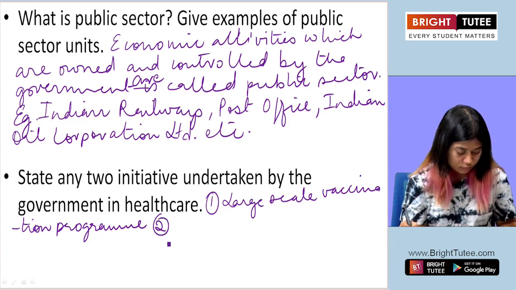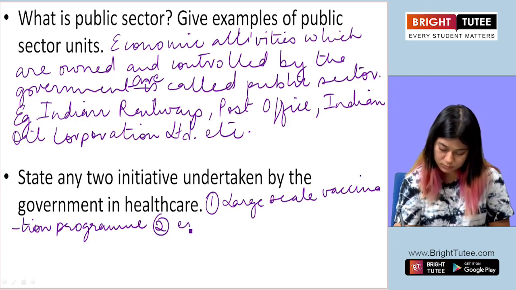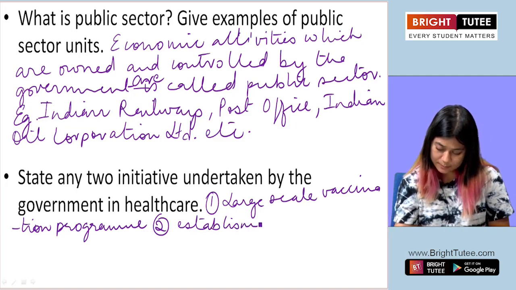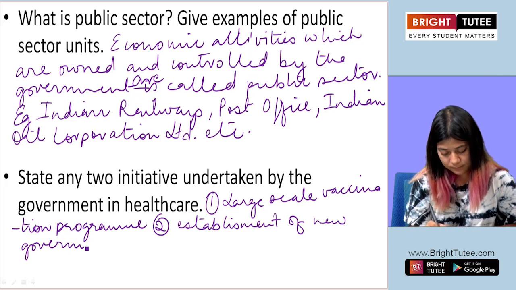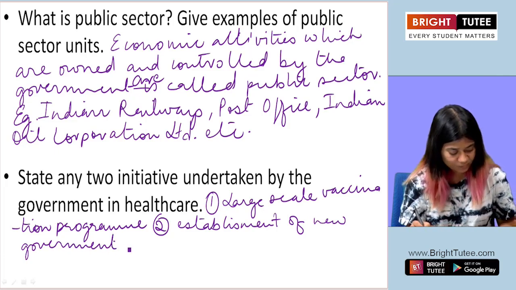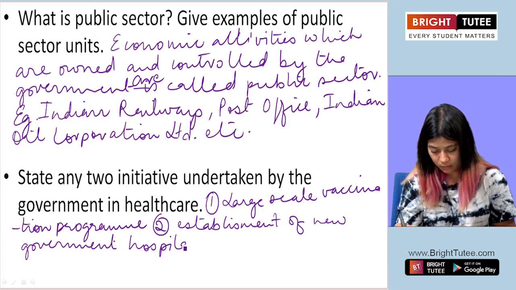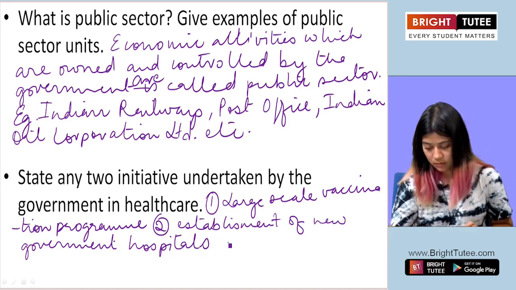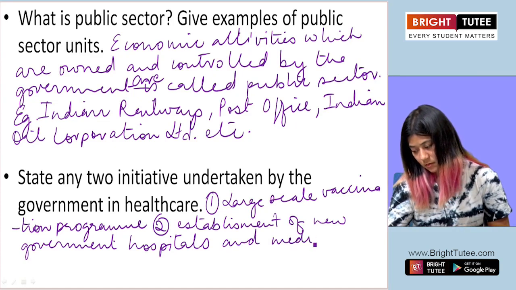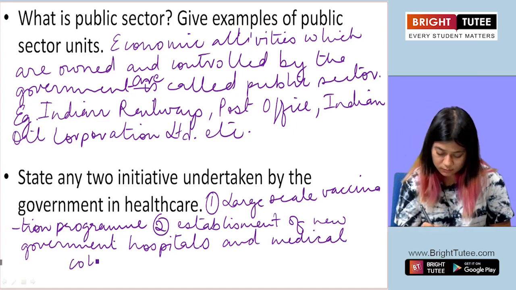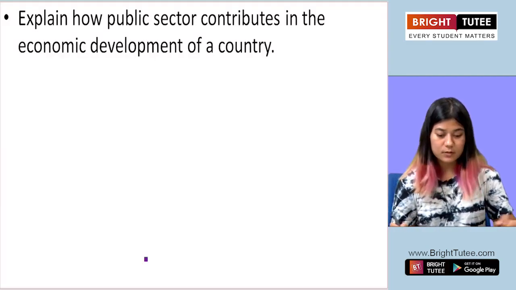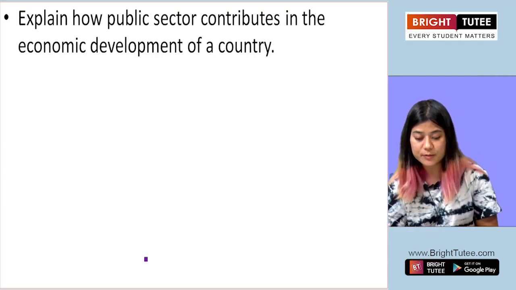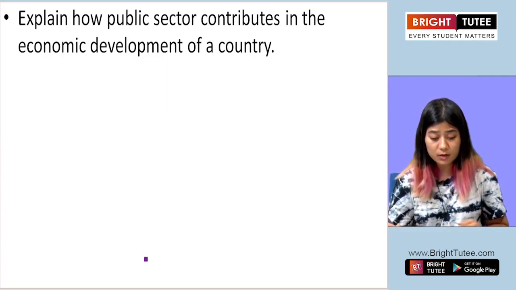Number 2, establishment of new government hospitals and medical colleges. The next question, explain how public sector contributes in the economic development of a country.